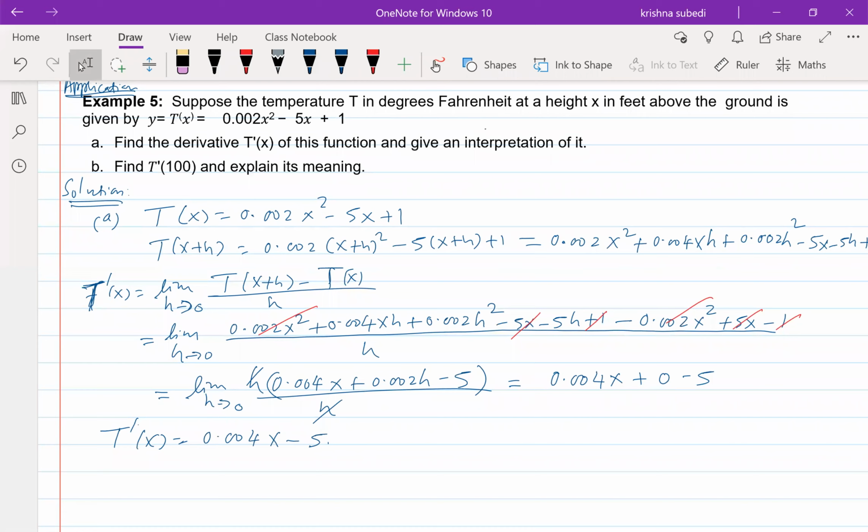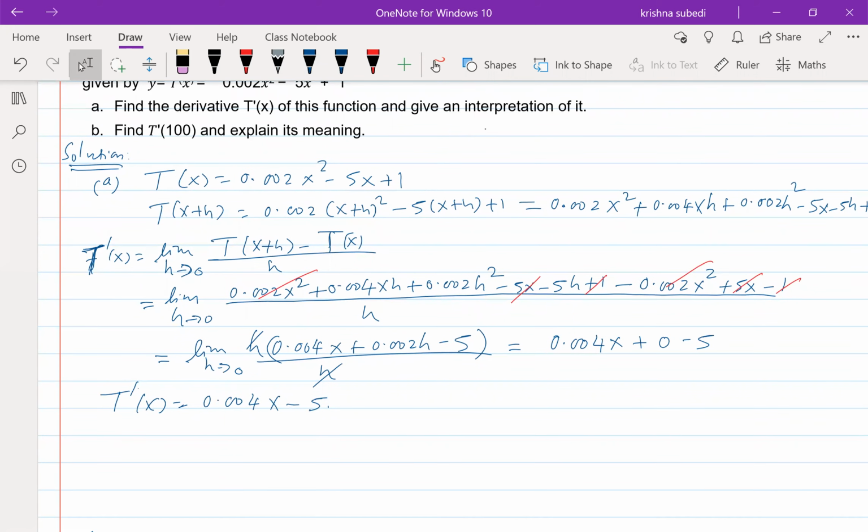So what does that mean? This represents the change in temperature.